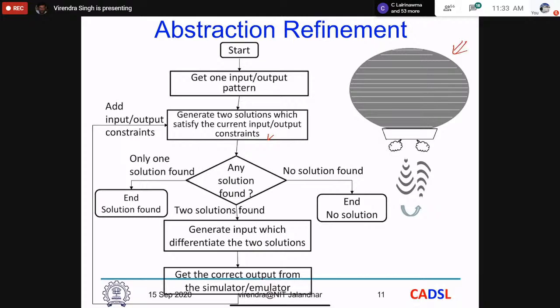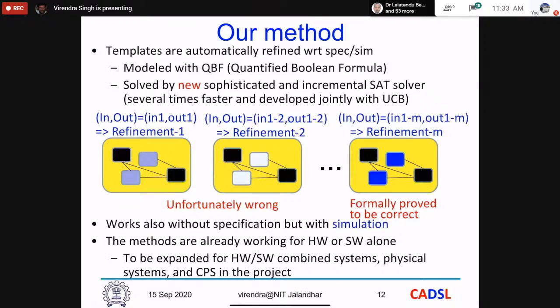One solution is good, and the other is a bad solution, wherein it gives the wrong output. Using that, you can figure out what the correct design should be. I'll come to that point using one example.